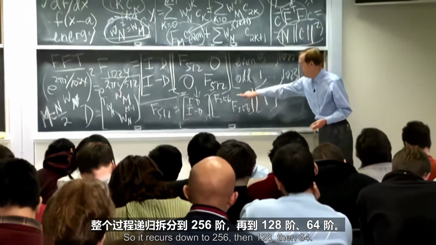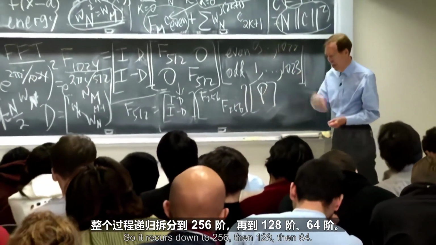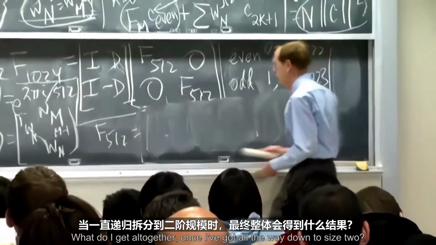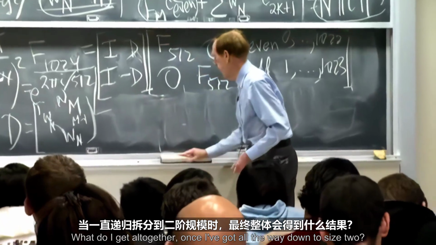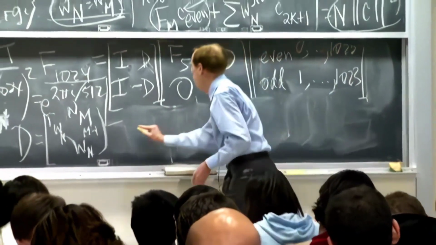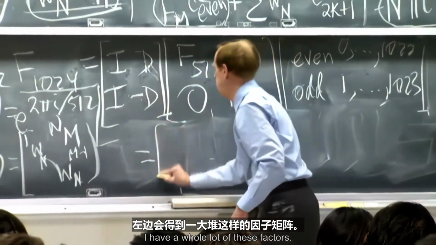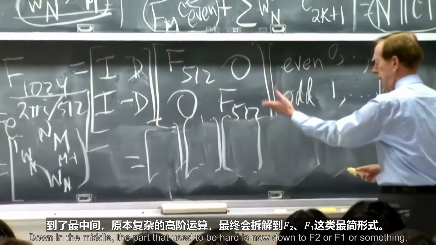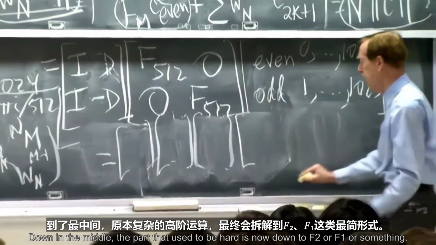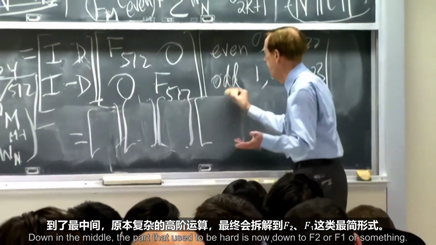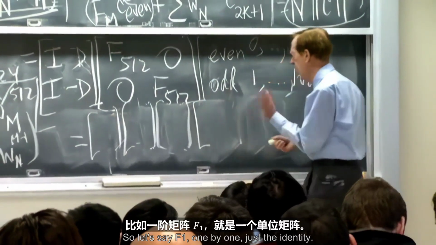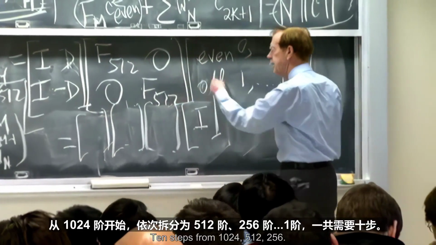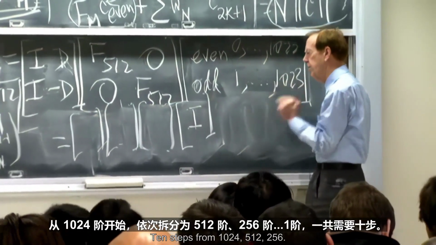So I recurse down to 256, then 128, then 64, and what do I get in the end? What do I get altogether once I've got all the way down to size 2? I have a whole lot of these factors. Down in the middle, the part that used to be hard is now down to F2 or F1. Let's say F1, 1 by 1, just the identity. So I go all the way, 10 steps from 1024, 512, 256.